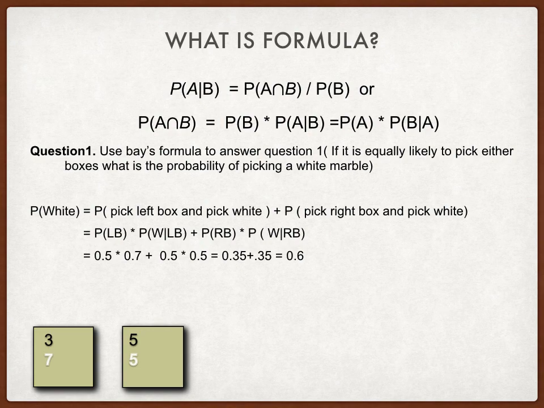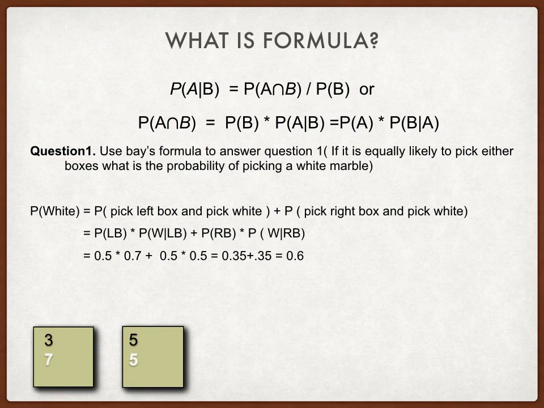So knowing that the probability of picking any box is the same, that means that probability of picking left box or right box is 0.5. Okay, so we put 0.5.